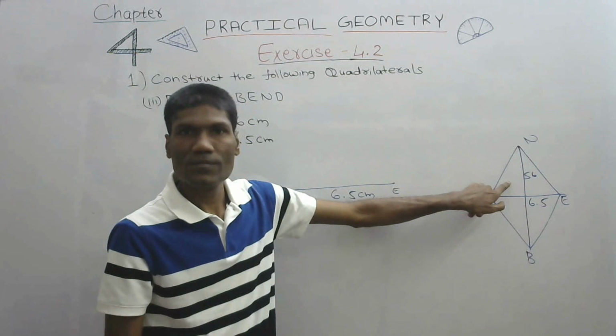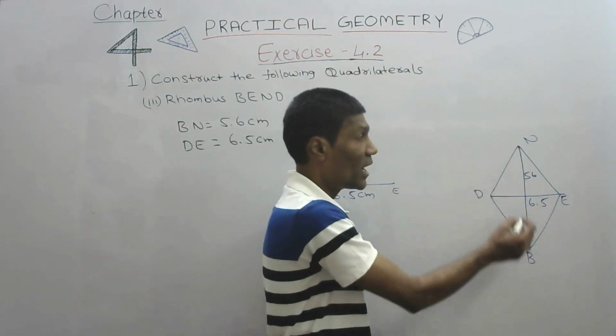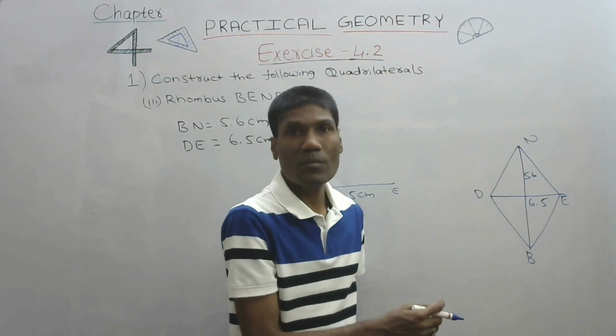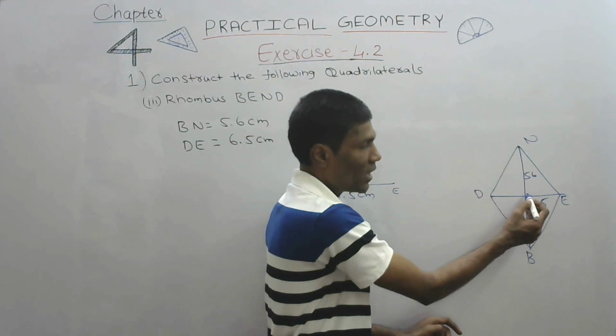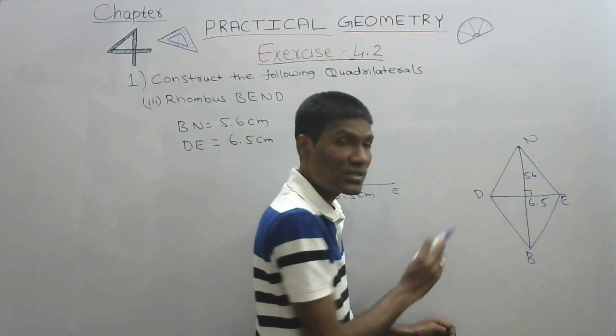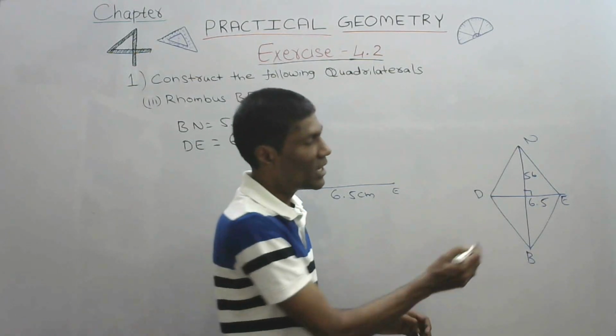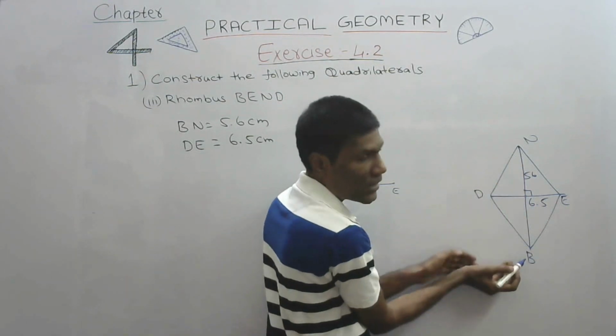Next, we know the property in rhombus, that is diagonals are perpendicular bisectors. That is, they are perpendicular to each other and they bisect each other. Perpendicular means 90 degrees and bisect means this is 5.6.